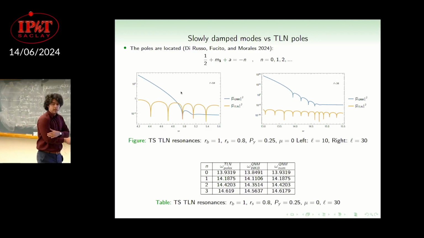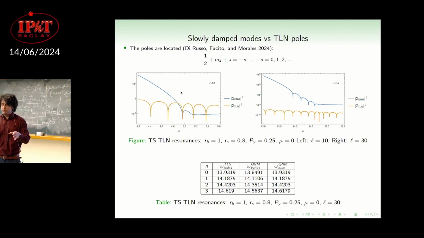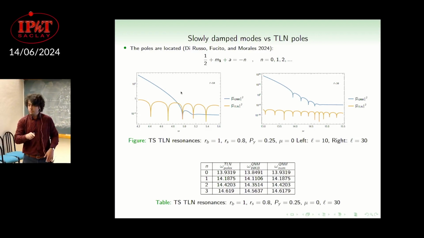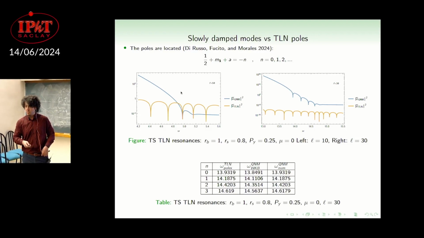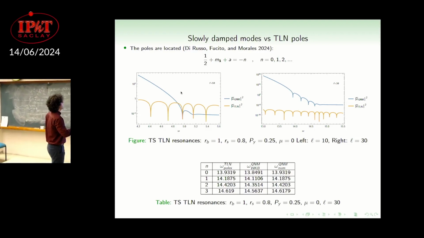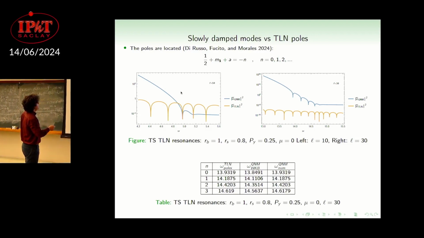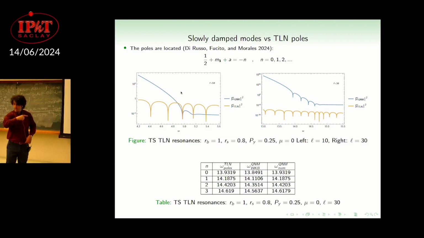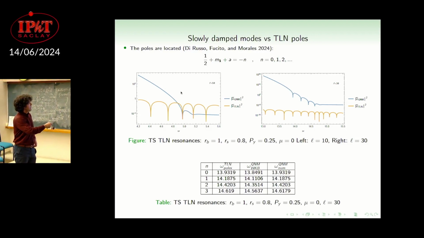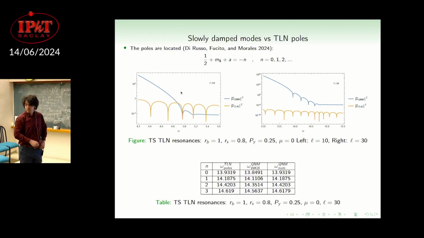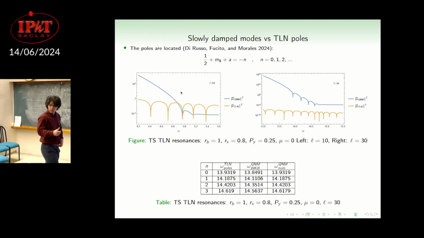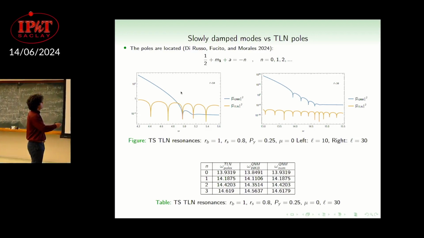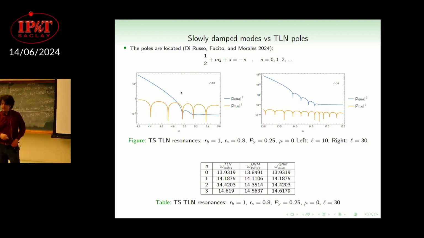The blue line here is the plot of the absolute value squared of the Leaver continued fraction, so the zeros of this function are exactly the frequencies of the quasi-normal modes. And this yellow line is the plot of the argument of the gamma, which is becoming a negative integer. So this is a pole in the gamma. So you have a lot of divergences in the tidal love number.